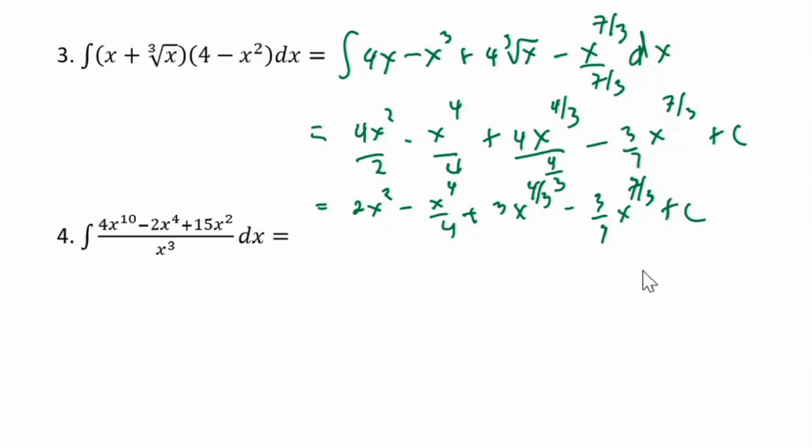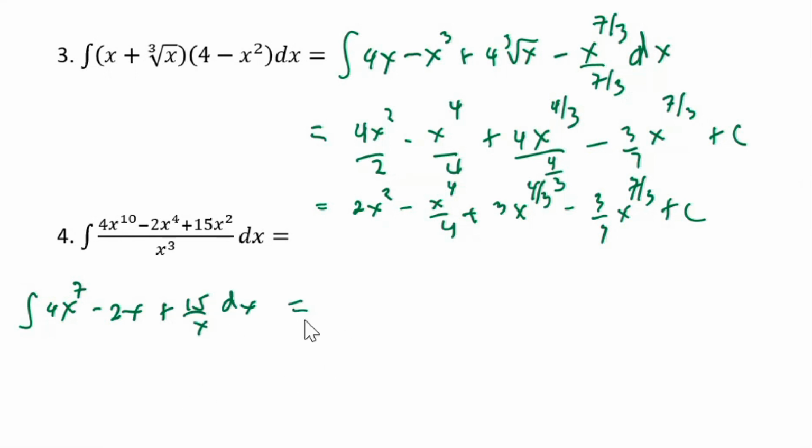For number 4, the given is the integral of 4x raised to 10 minus 2x raised to 4 plus 15x squared over x cubed dx. In that case, we are going to simplify that first by dividing. So the quotient will be 4x raised to 7 minus 2x plus 15 over x dx.